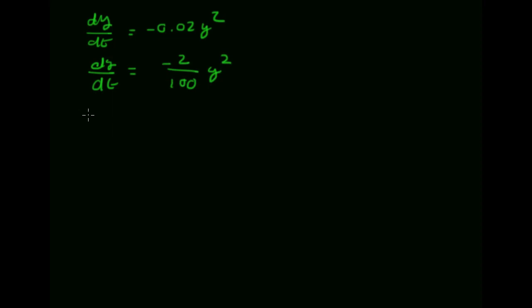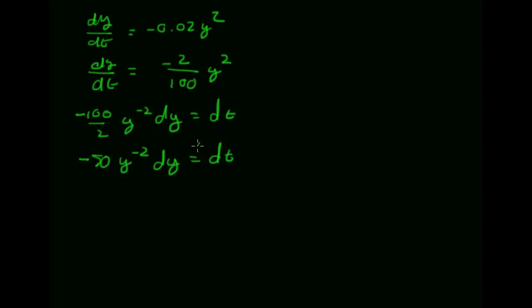So this means that I have negative 100 over 2 y to the negative 2 dy is equal to dt. A little simplifying here makes this negative 50 y to the negative 2 dy is equal to dt. Take the antiderivative of both sides. This is going to come out as 50 over y. And this is going to come out as t plus some constant.